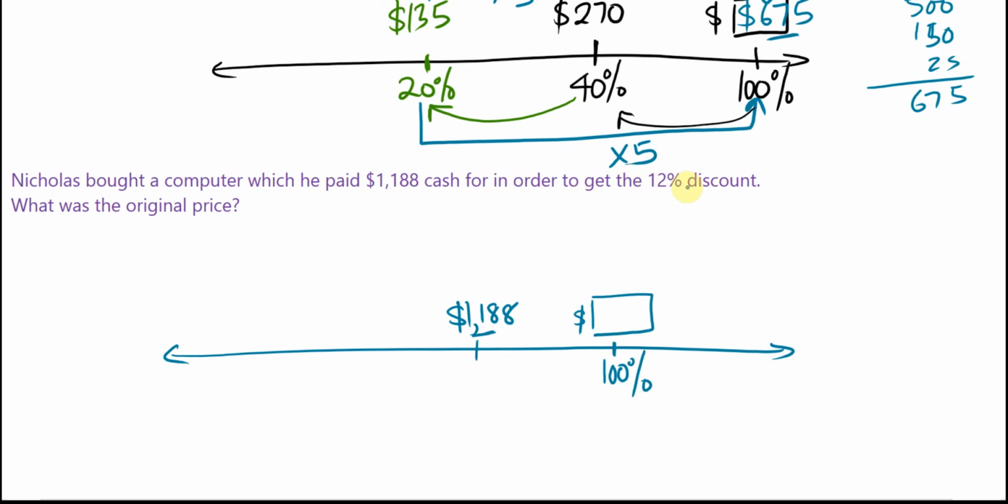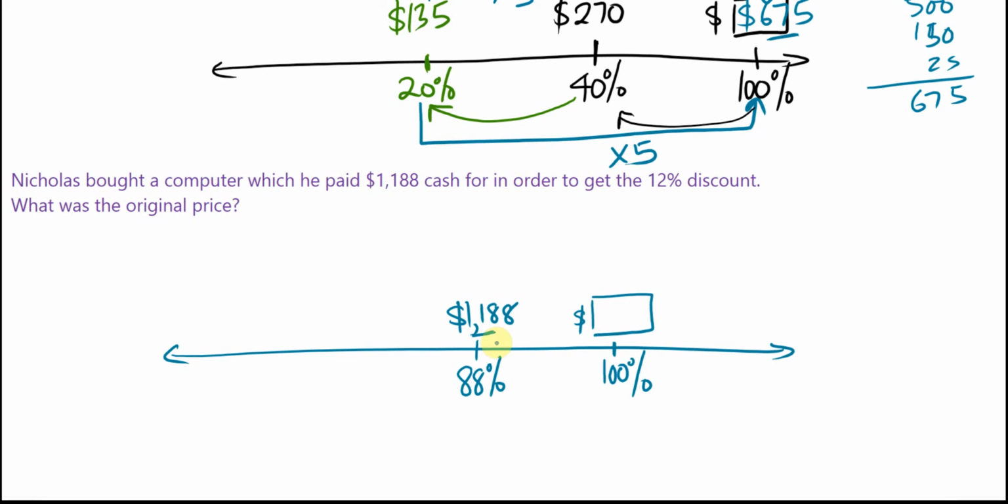The 12% discount means that if we subtract 12% from 100%, we will get 88%. So this means that he paid 88% of the original amount. So he's paying a reduced amount.